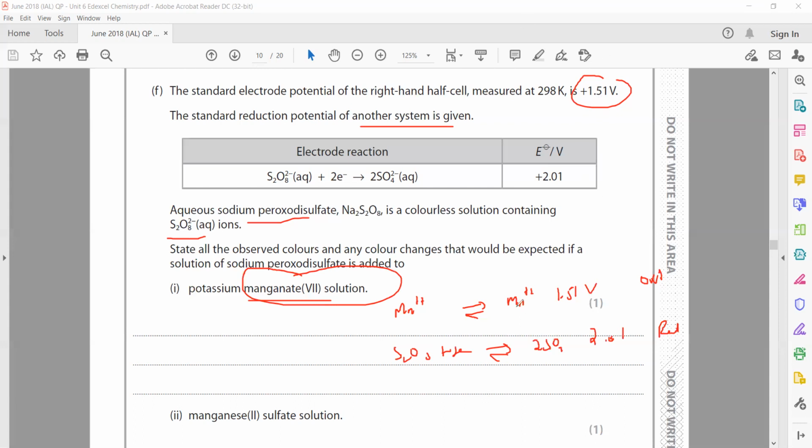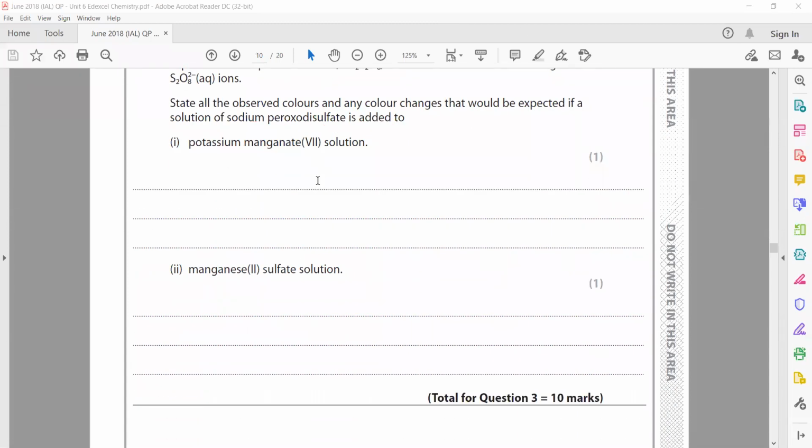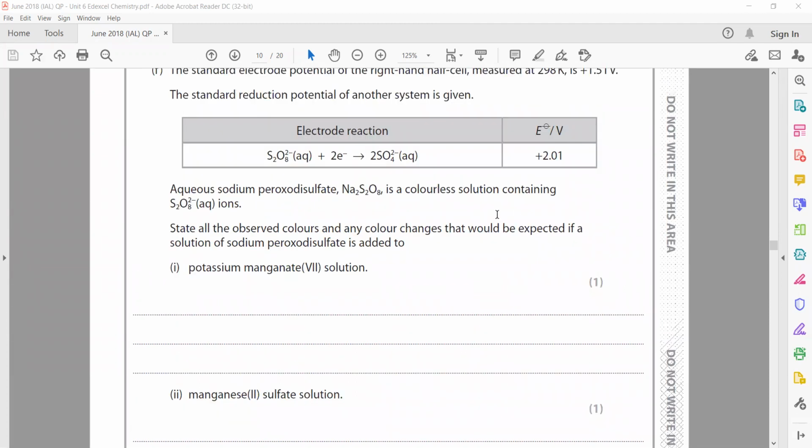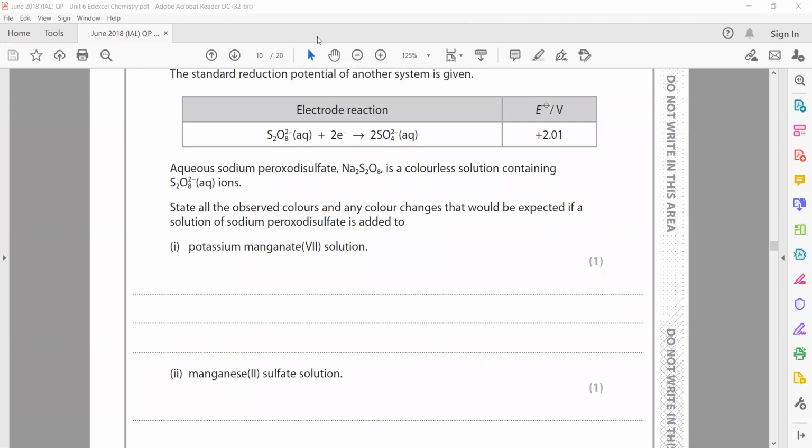In a mixture, Mn2 will oxidize to Mn7 instead of Mn7 being reduced to Mn2. If you have manganese(II) sulfate, that substance will be oxidized. Here there will be no visible color change. The solution will remain purple due to the Mn7 ion.